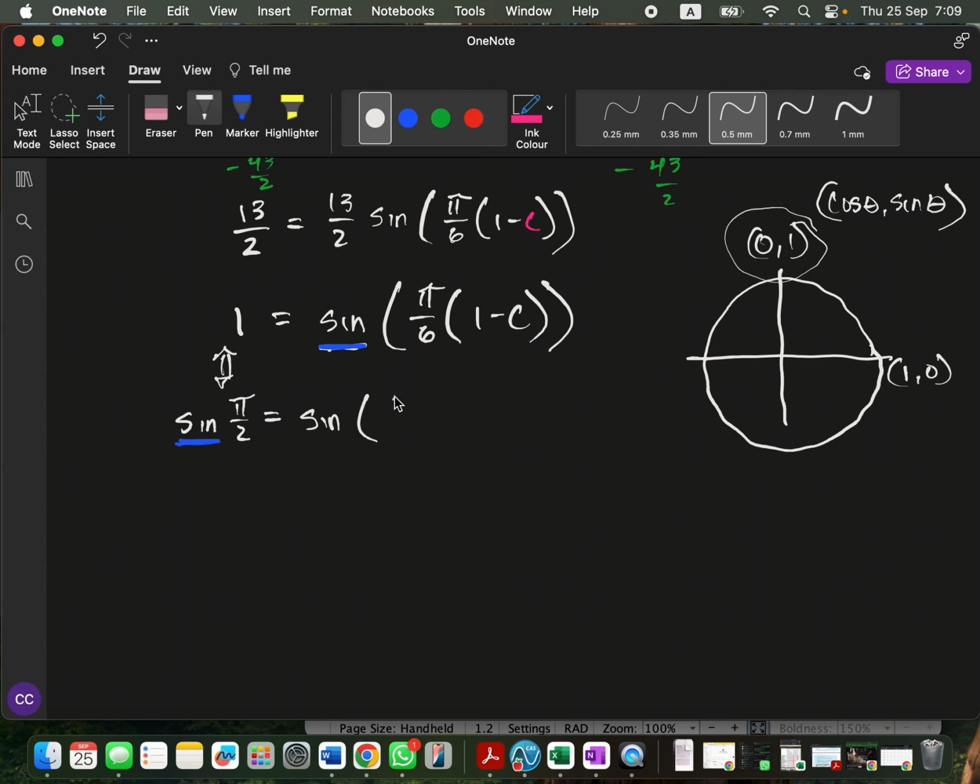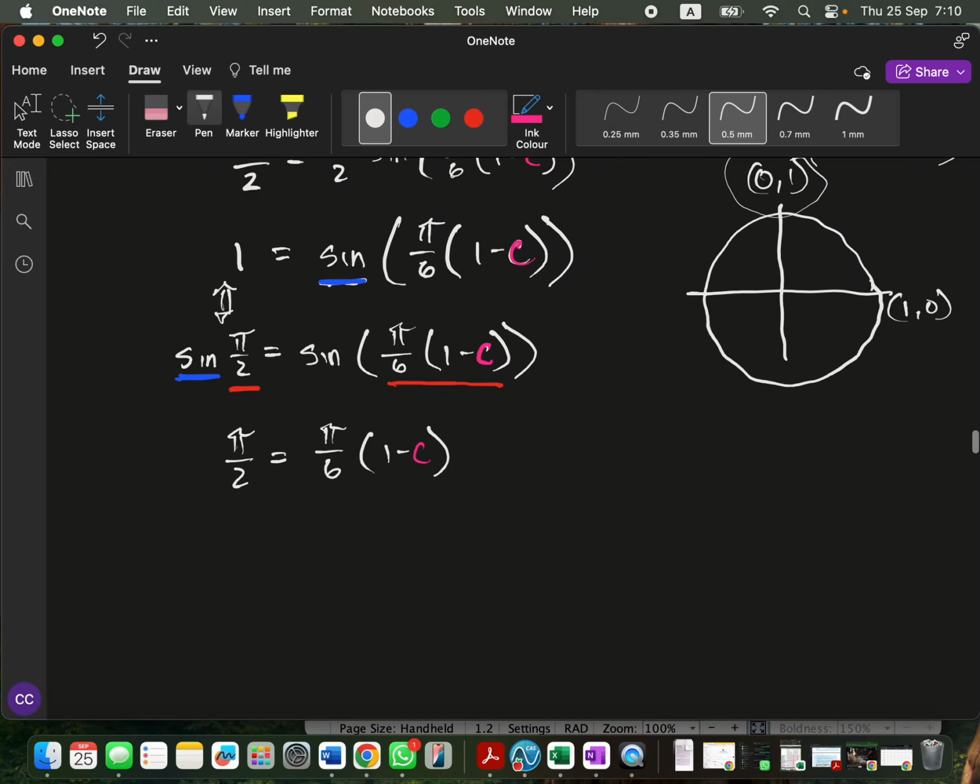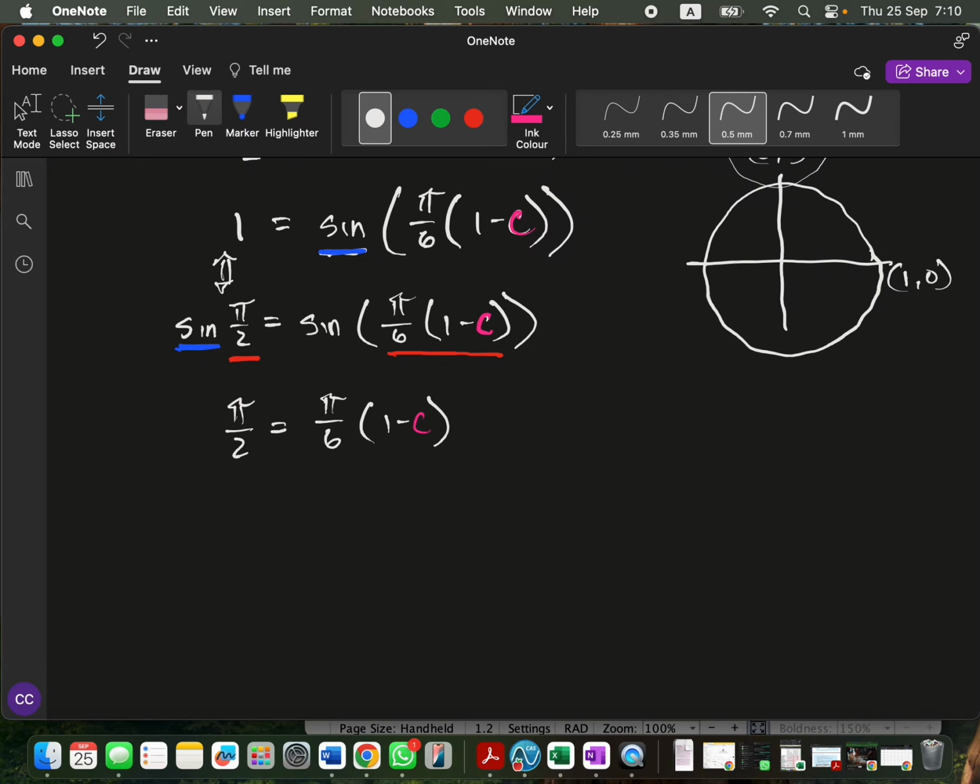And by forcing those two to be the same, what that means is all of this that is inside of here has to be the same as what is in there, which gives me my next step, that pi over 2 is equal to pi over 6, 1 minus c. And then my last step, I'm going to just undo this.